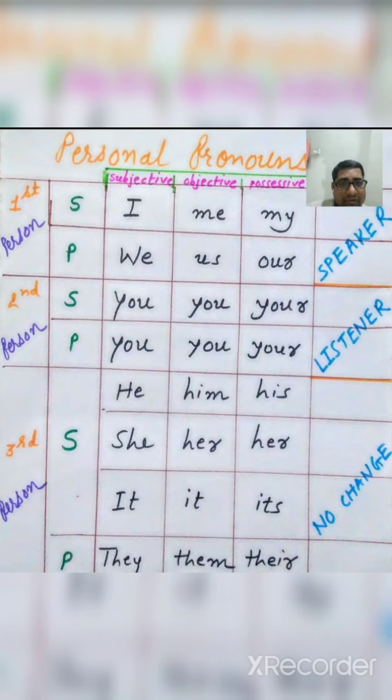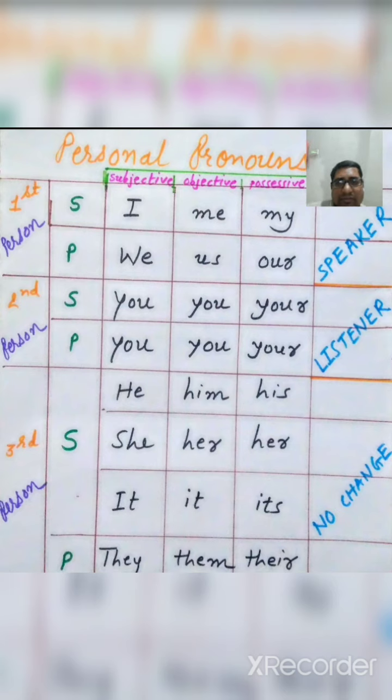In plural form we need to mention plural verbs as well as plural nouns. So it is very important for listener, it is not used for speaker. Okay, it is used for listener.